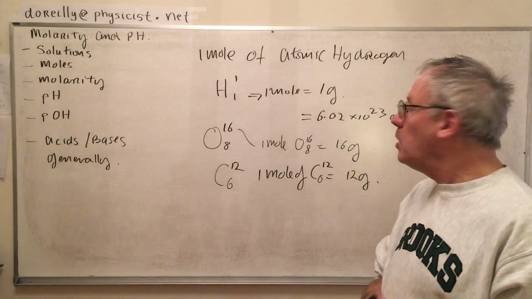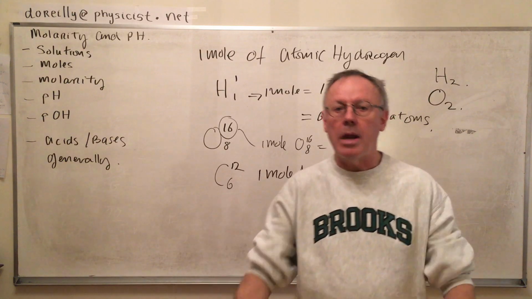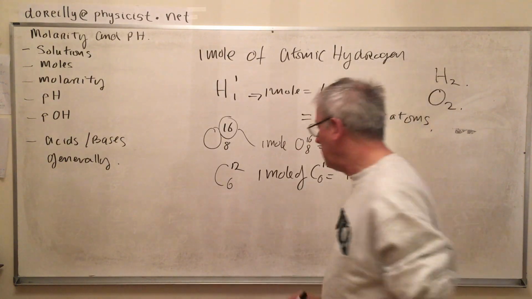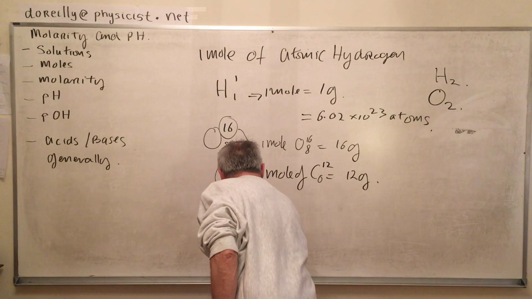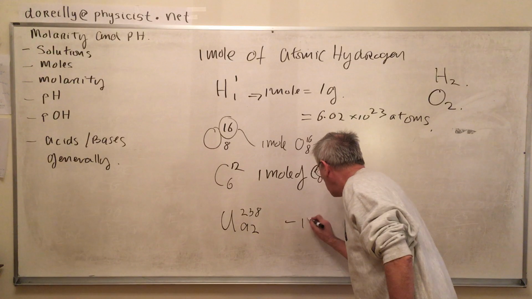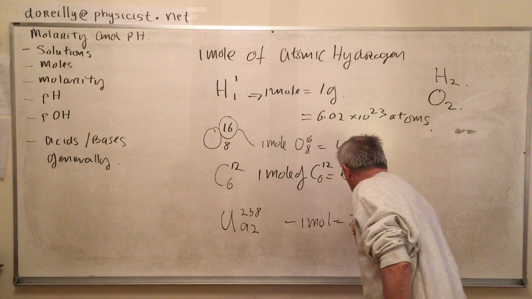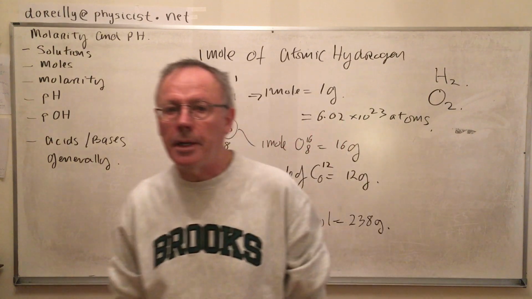Now you can see that a mole of anything is take the atomic weight and call it grams, right? Uranium. Atomic number 92, atomic weight 238. A mole of uranium is 238 grams.